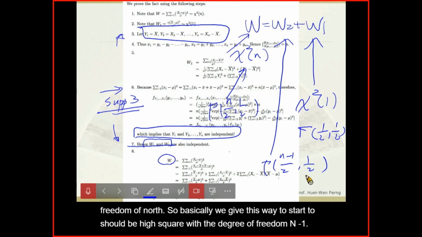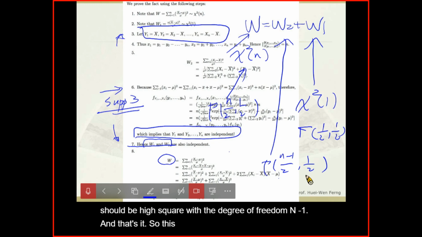And that's it. So this time I skip some details, you can check it. So finally, yes, we can use this one, but we need to have the lengthy procedure so that we can reach the proof for this one.